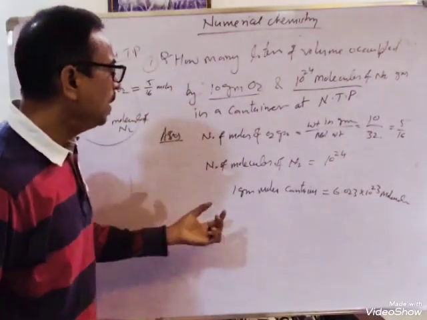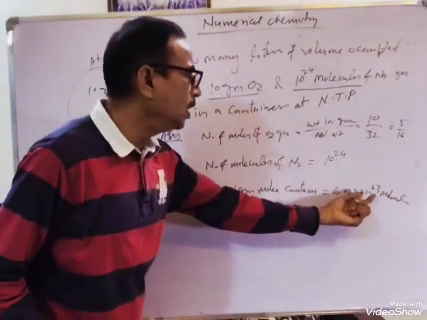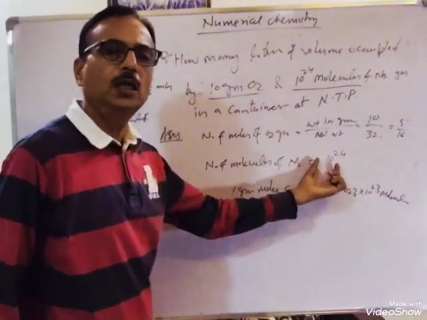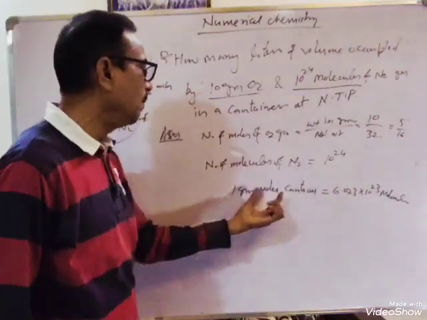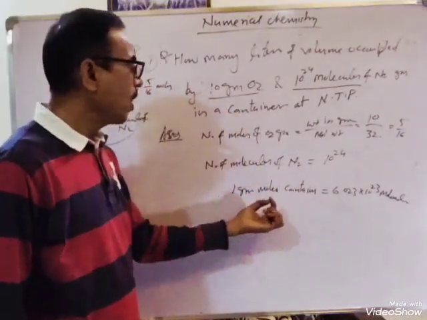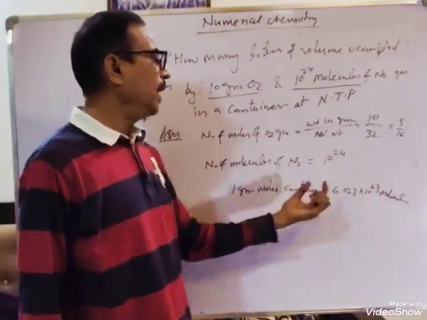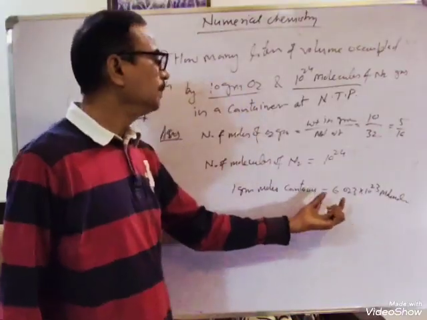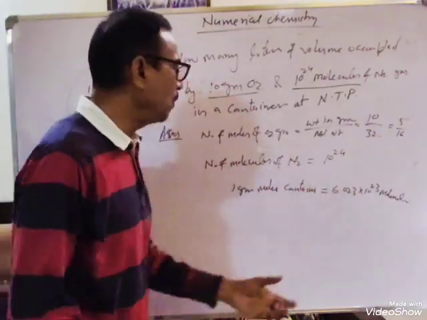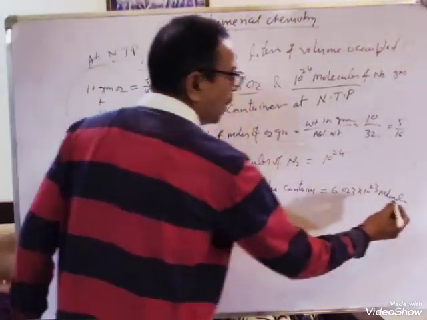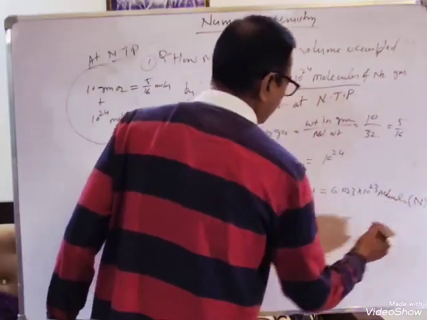So if we divide 10 power 24 by 6.023 into 10 power 23, you will get the number of gram moles. 1 mole has such molecules, so in 10 power 24 we divide by the Avogadro number. This is the value of n.